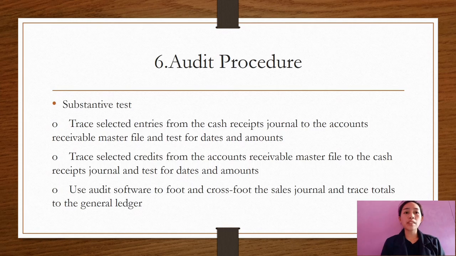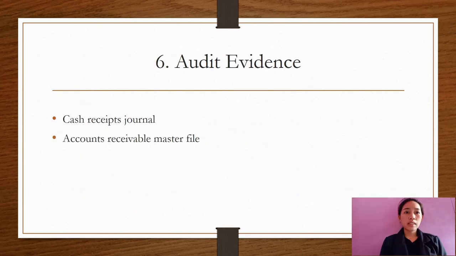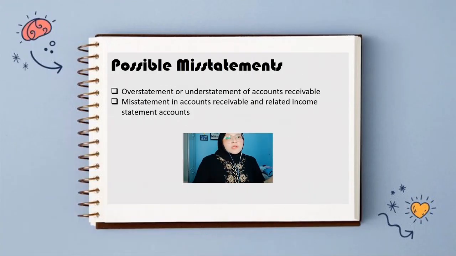It also uses audit software to foot and cross-foot the sales journal and trace the total to the general ledger. The audit evidence is the cash receipt journal and the accounts receivable master file. Possible misstatements for this assertion are overstatement or understatement of accounts receivable, and misstatement in accounts receivable and related income statement accounts.